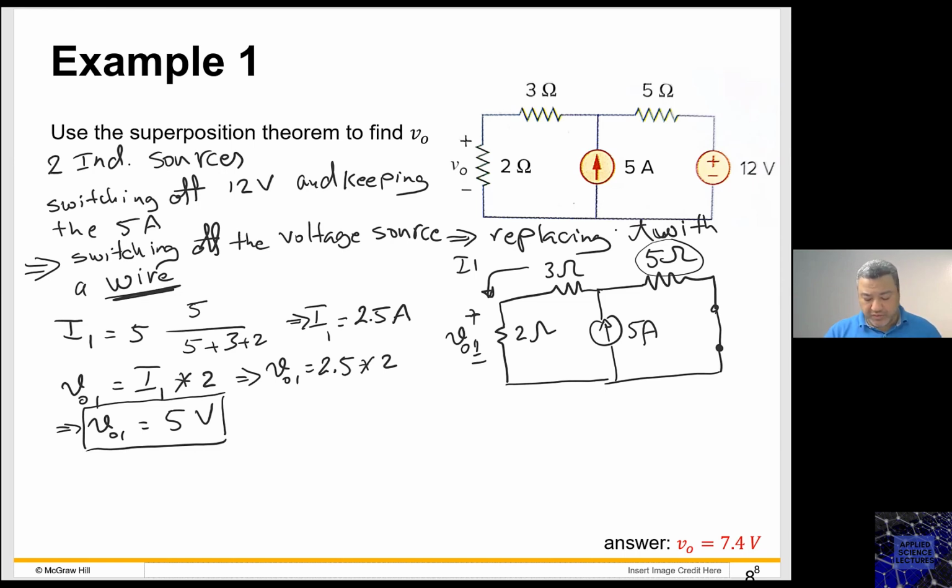I see. So which one is the amperage? Which 5 value? This one. This one is the ratio of the resistance of the other branch to the summation of both branches. Okay?